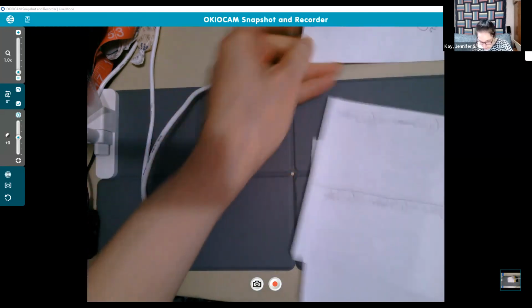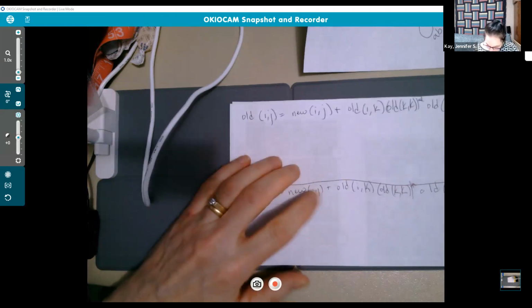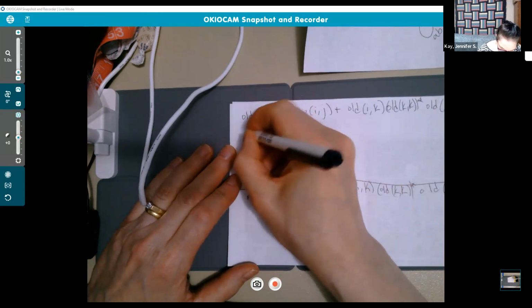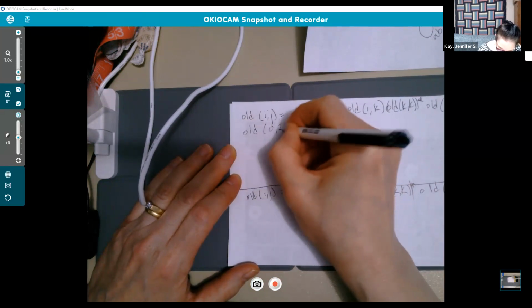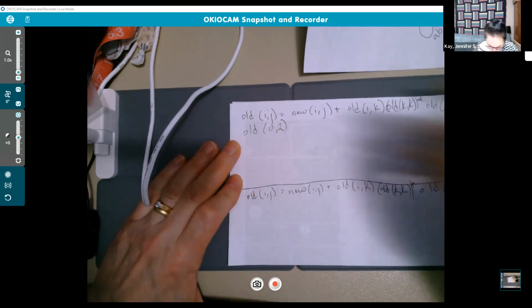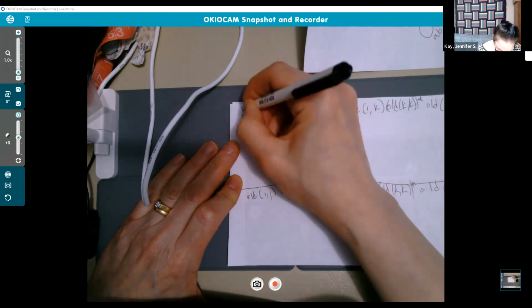What did you get for your answer to this first one where we were doing the old 0 to 2? Who wrote it this way? That's terrible. It's the old and that's the new.